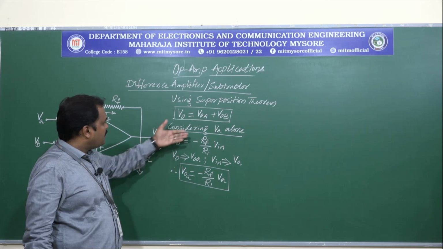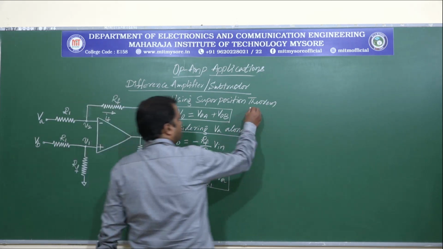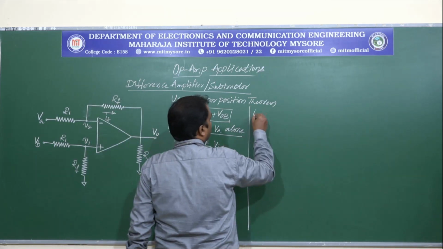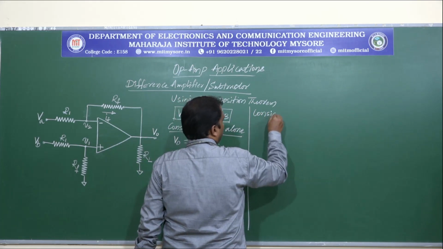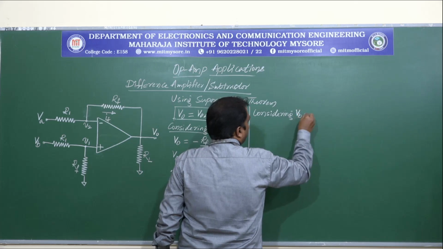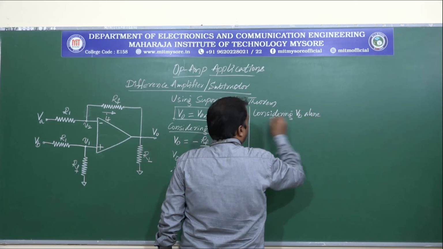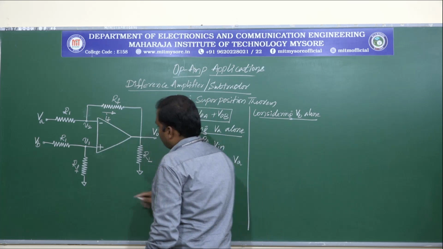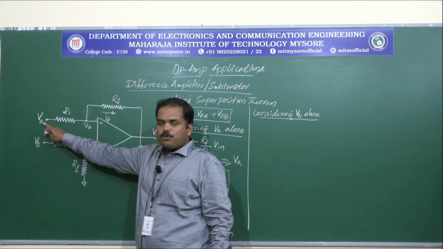Likewise, we will consider VB alone. Considering VB alone, in this circuit, VA should be grounded.